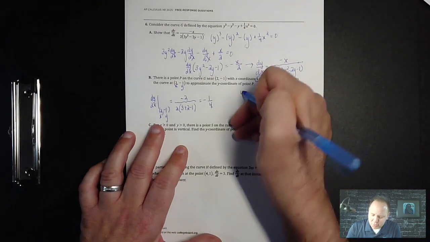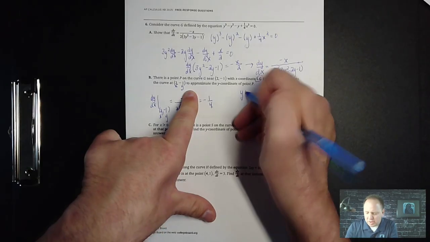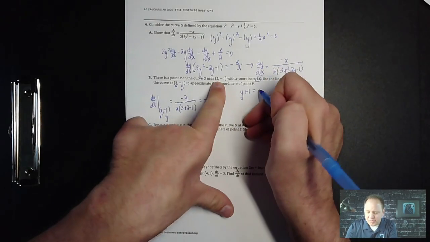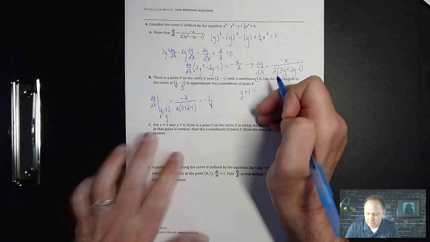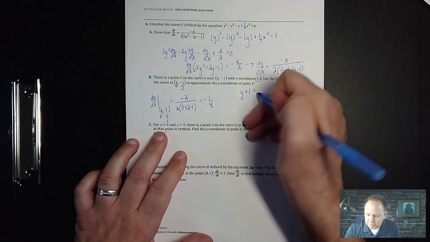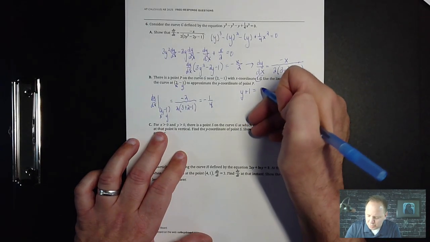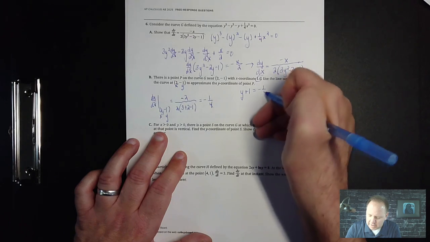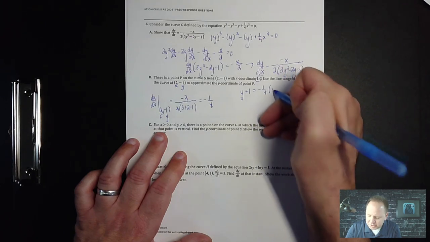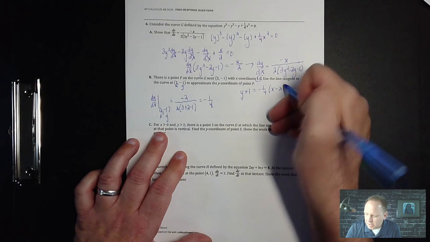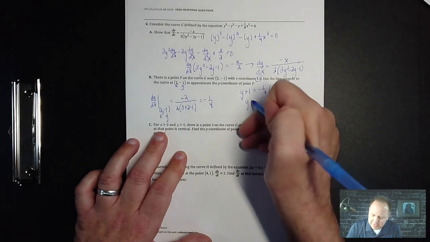Now I'm just going to set up point slope, so that'd be y plus 1. I'm using the tangent line at this point to approximate that value. That's to the left. So y plus 1 equals, my slope would be negative 1/4 all times x minus 2. I would isolate my y.